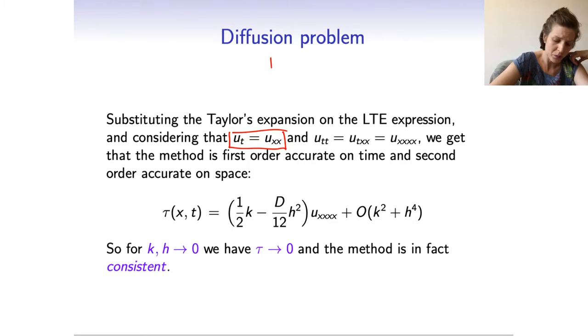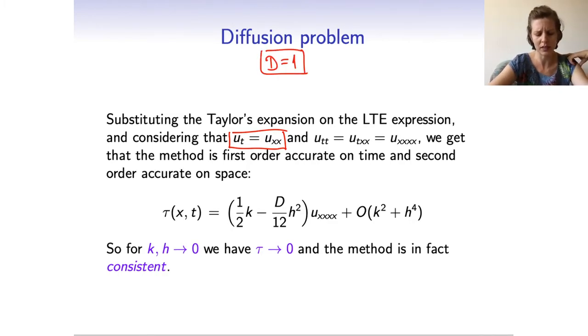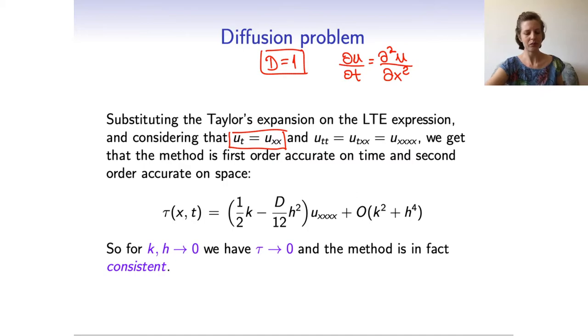And one more observation for simplicity: we are taking into account that our diffusion coefficient is equal to 1. So the problem that we are trying to solve is del u del t equals del square u del x square, which is the Laplacian.